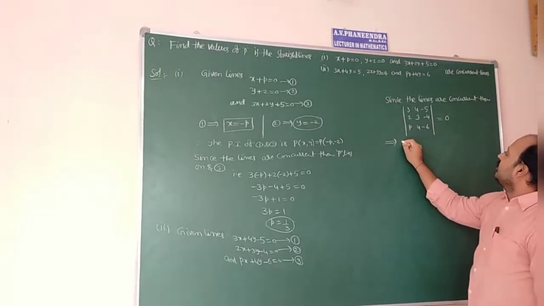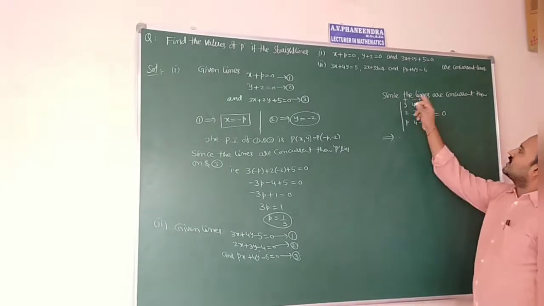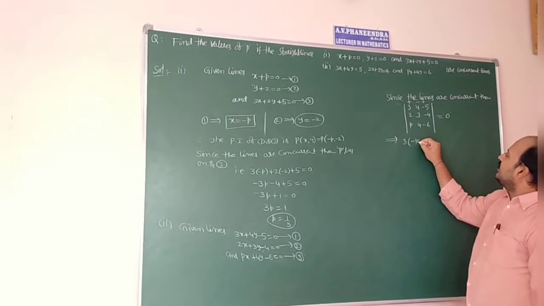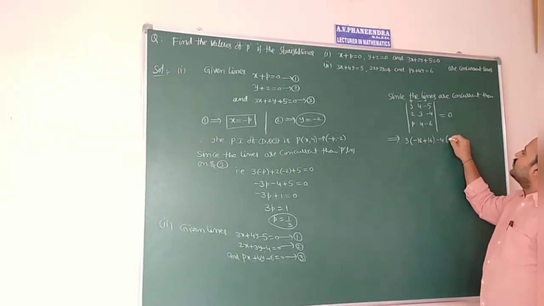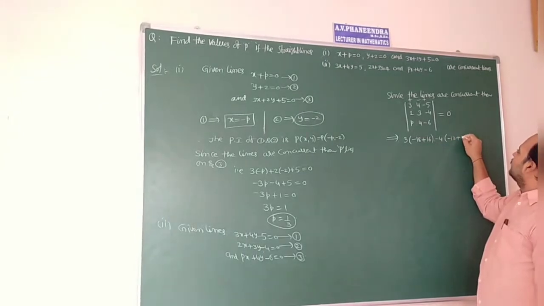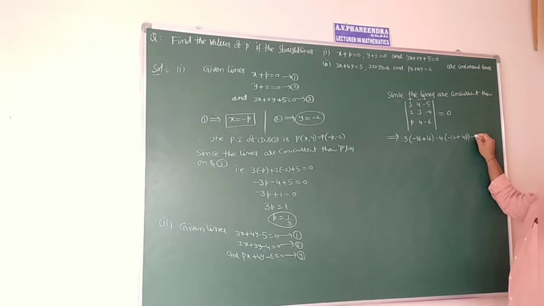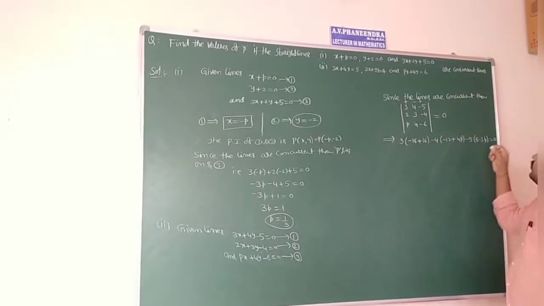That implies, we know how to expand the determinant of 3 by 3, plus minus plus. So 3 into minus 18 plus 16, minus 4 into minus 12 plus 4p, minus 5 into 8 minus 3p is equal to 0.